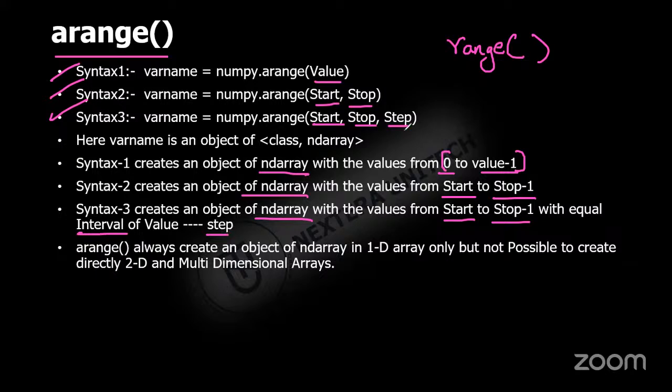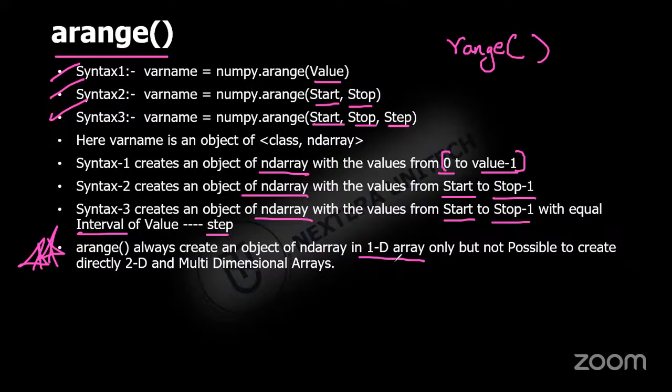Whatever we specify as the step value will be used as an equal interval. And the arange function always creates only one-dimensional arrays. This is a very important point that we have to keep in mind.